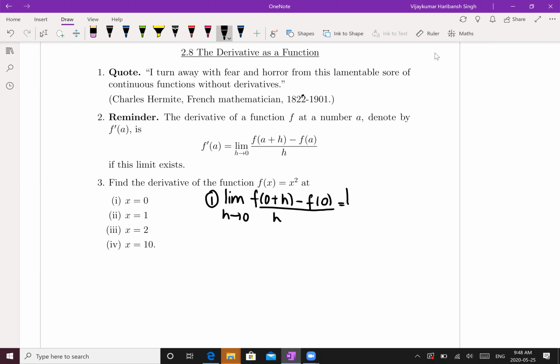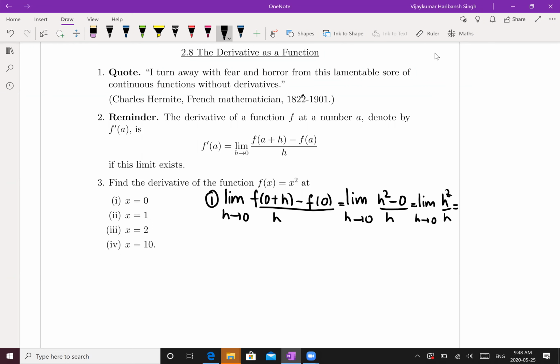So this is going to be limit as h goes to 0, 0 plus h is going to be h, and h square minus 0 over h. This h will cancel out, so limit as h goes to 0 of h square over h, which is going to be, this can cancel.